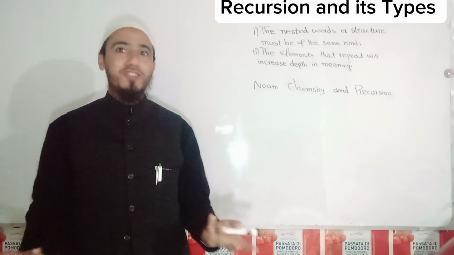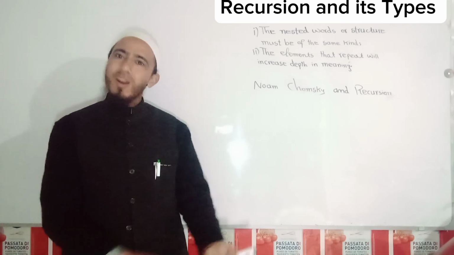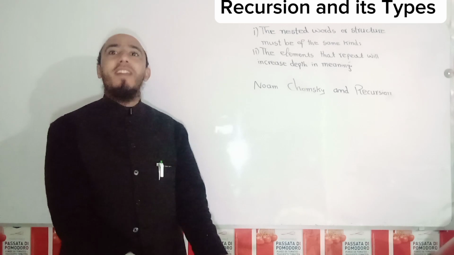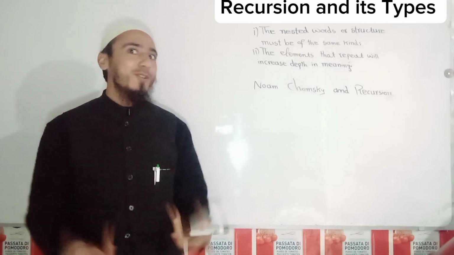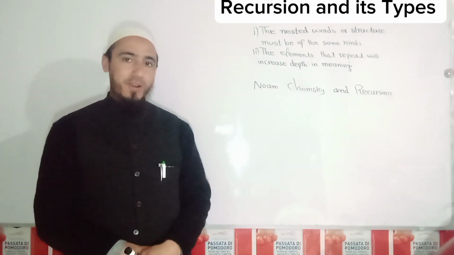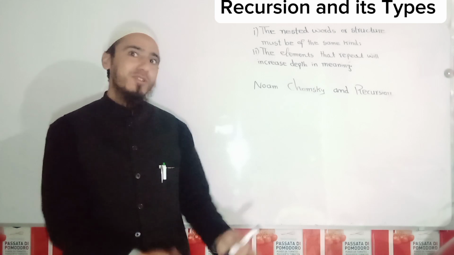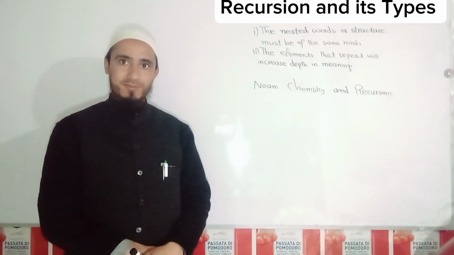This is a question generally: why is recursion important, why is there repetition again and again in a sentence? If one noun phrase has been used, why is there another noun phrase inside a phrase? If one sentence is used, why is there another sentence inside another sentence?